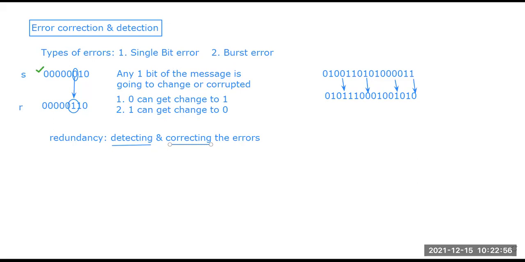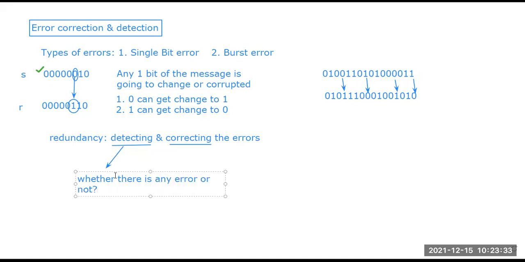If we are looking only at error detection, we are just looking at whether there is an error or not, nothing else. How can we find it?